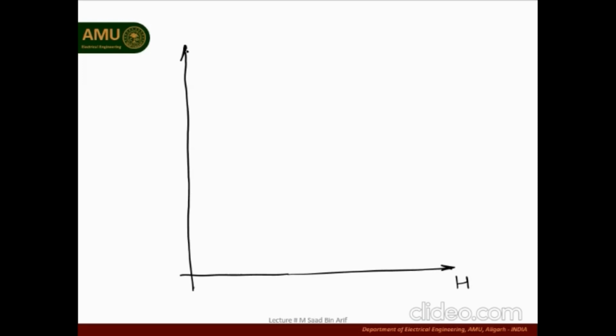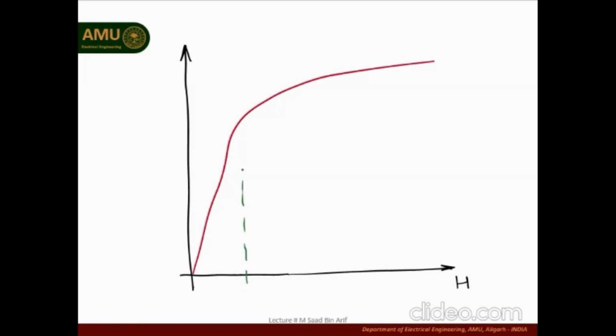For understanding that, first we have to properly see the characteristic and we have to understand the different regions of this characteristic. Here we have a linear region, as I told you earlier.